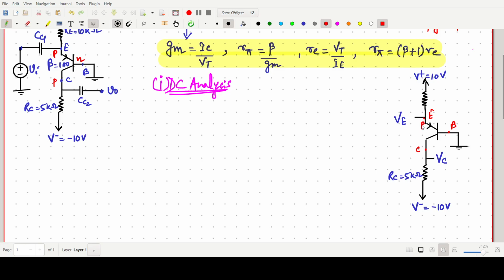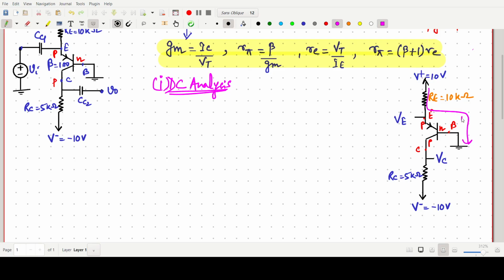This is a PNP transistor, with the arrow from P to N. And this RE value is 10 kilo ohm.